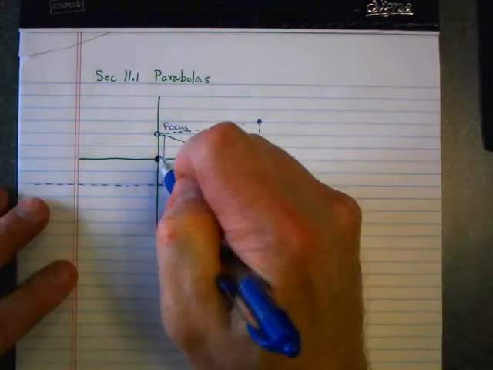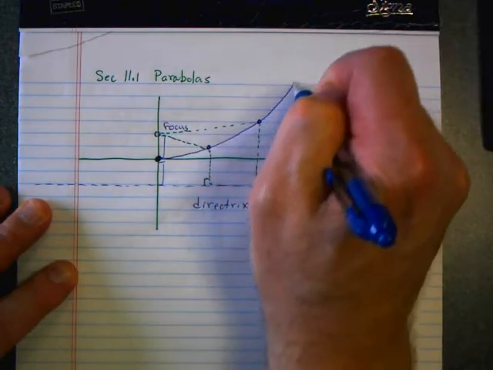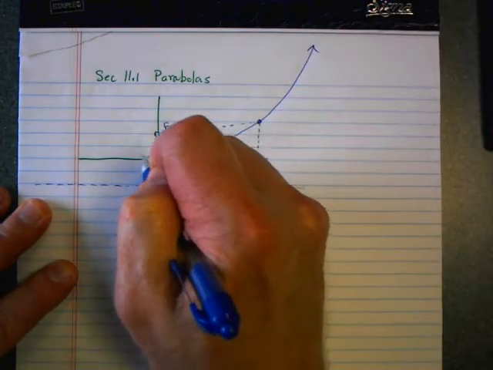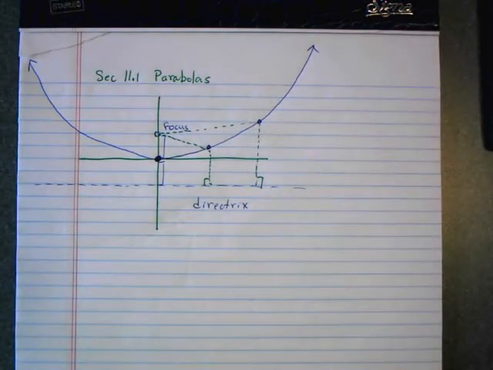And of course, we then get a whole bunch of points along like so. And we get a parabola that looks sort of like that. All right, so what we want to do is come up with the equation of that parabola.